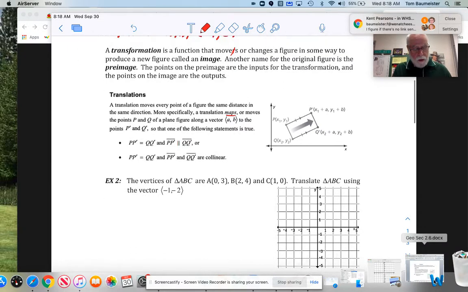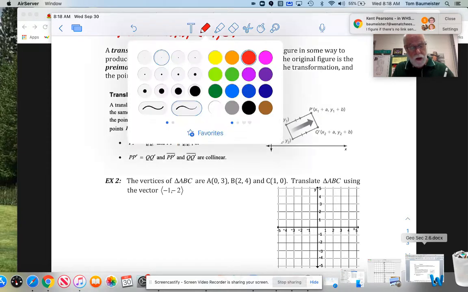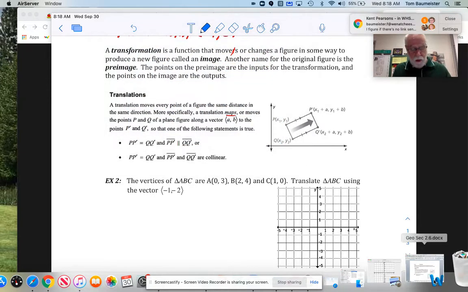So the vertices of triangle ABC are A at (0, 3), B is (2, 4), and C is (1, 0). Translate triangle ABC using the vector <-1, -2>. So again, we're going to make our diagram. Our first one is 0, 3. There's our A. Our B is at 2 and 4.